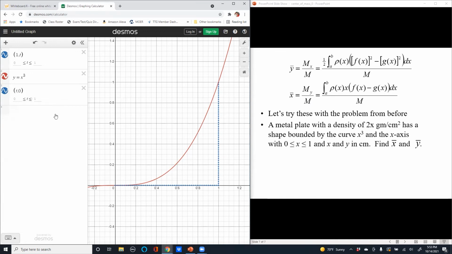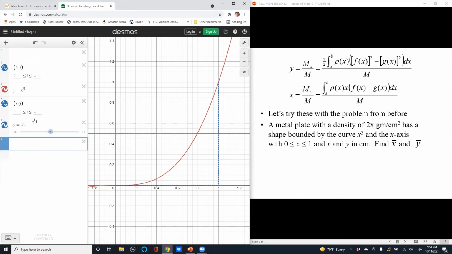In fact, if we put in those lines, there's 0.5 for y, and x equals 0.5.